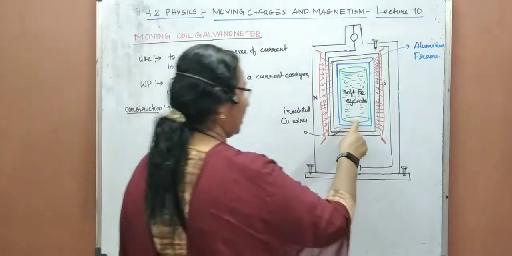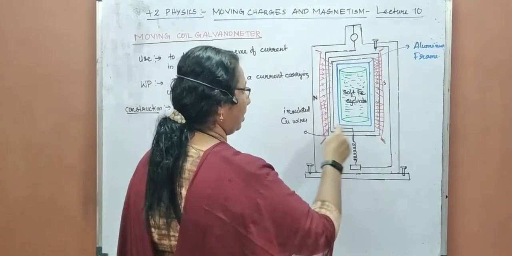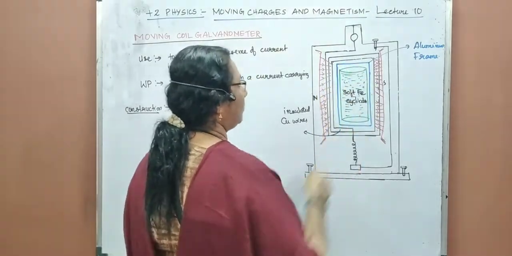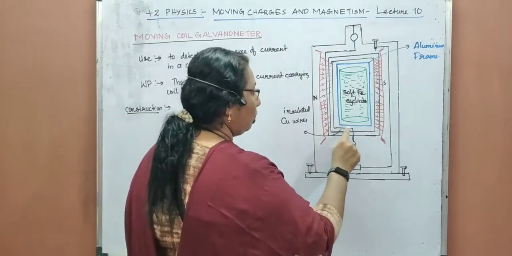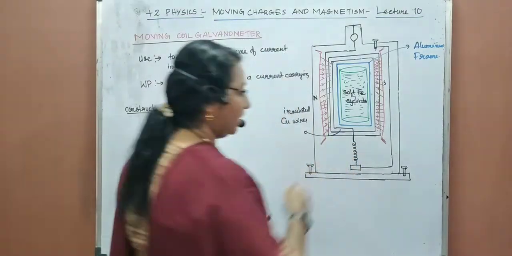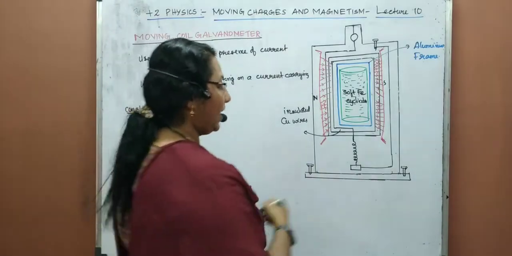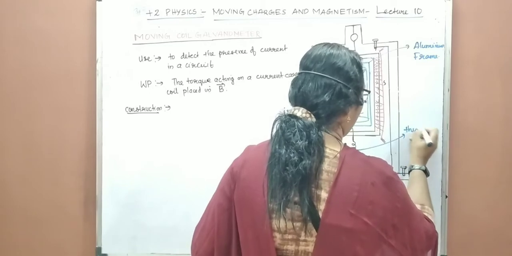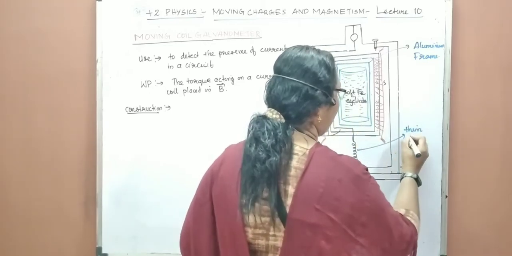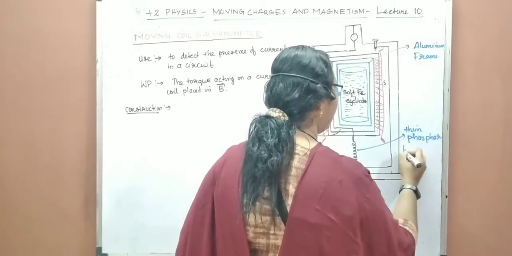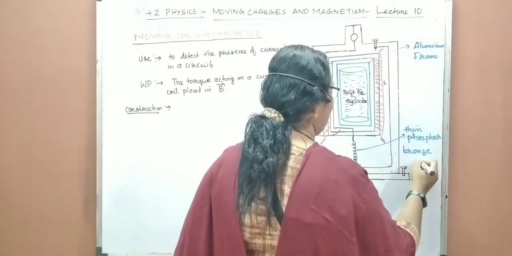So a soft iron cylinder is enclosed in a rectangular aluminum frame, which is surrounded with insulated copper wires, and one end of the wire is connected to a spring. The spring is very thin, made up of phosphor bronze alloy.